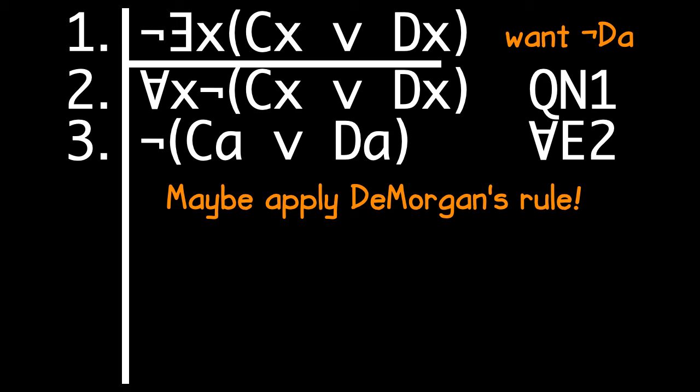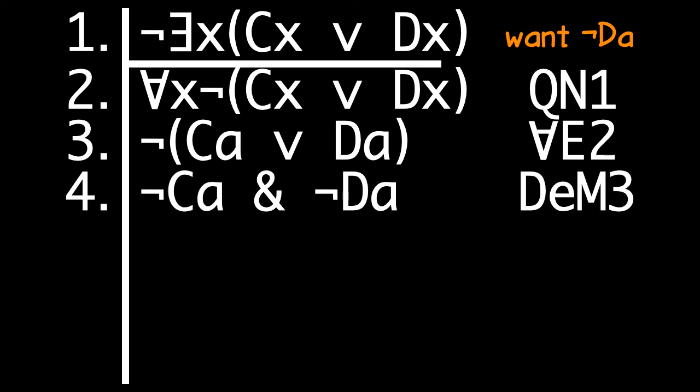It's a negated disjunction, and you can turn that into a conjunction of negations. It's not always going to be the best move, but it's often useful because it turns something that's hard to deal with, like line 3, into something that is easier to work with. We can write down not Ca and not Da by De Morgan applied to line 3.